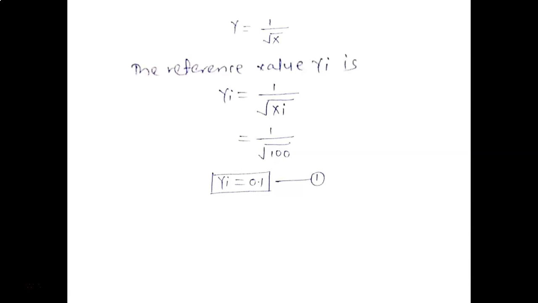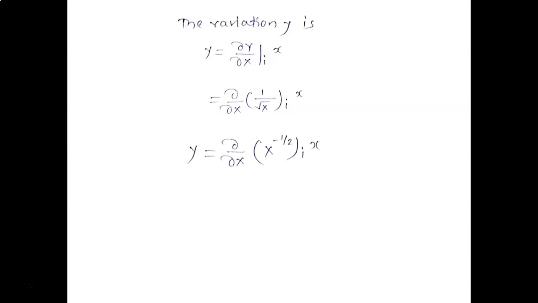Now we will differentiate this equation, that is y is equal to 1 upon root x. Therefore, the variation in small y is given by small y is equal to dou y by dou x at the point I into small x. Therefore, dou by dou x of 1 upon root x at the point I into small x. What is 1 upon root x? x raised to minus 1 by 2.